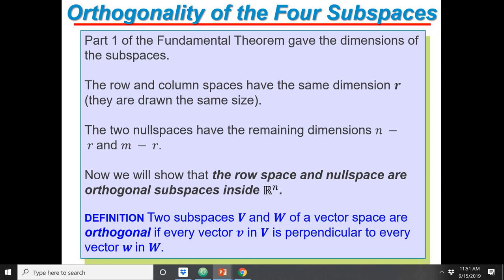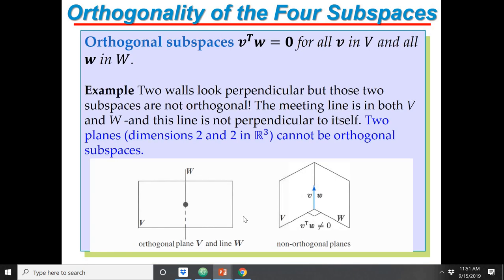So let me give you an example, and I apologize for leaving this for two slides down the road, where I'm going to challenge the understanding of orthogonality that you may have for two subspaces. Think that you have two planes in R cube, in 3 dimensions, that meet at 90 degrees.